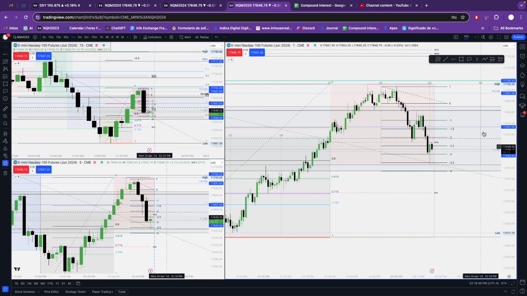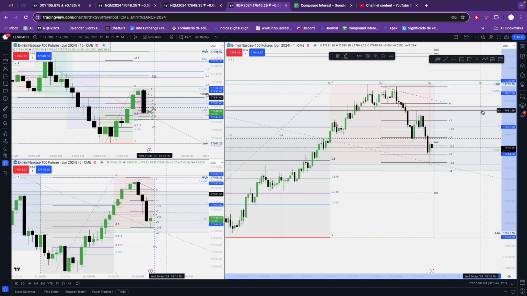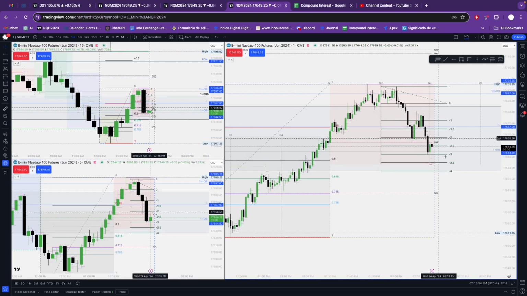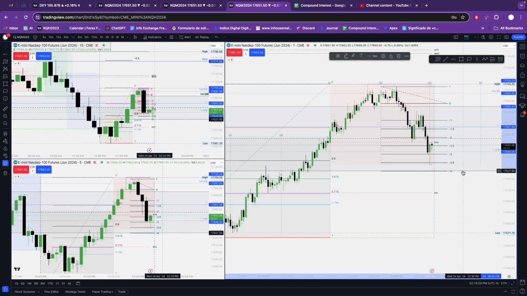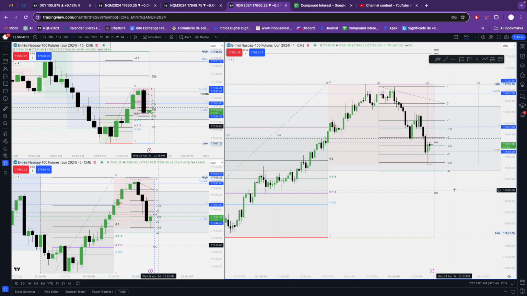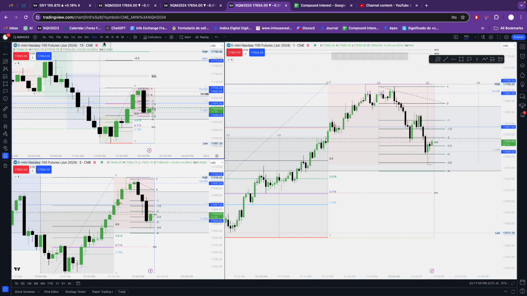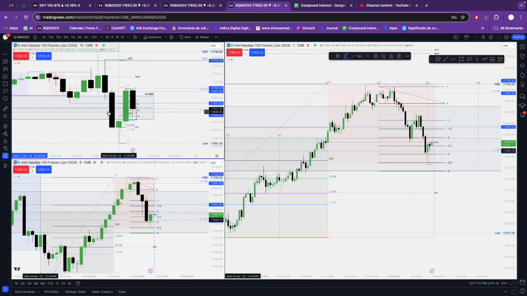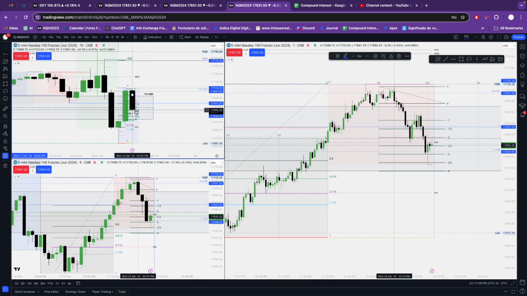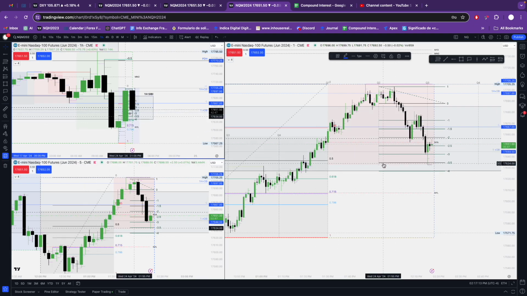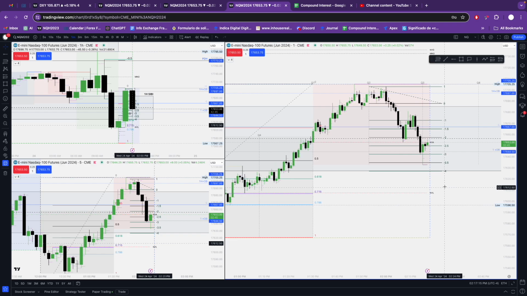And then we're at the low of this 1 hour inverse FVG. And also we are in a balanced price range too on the hourly. So boom, we come all the way down to this balanced price range. That's a perfect entry to get in on.